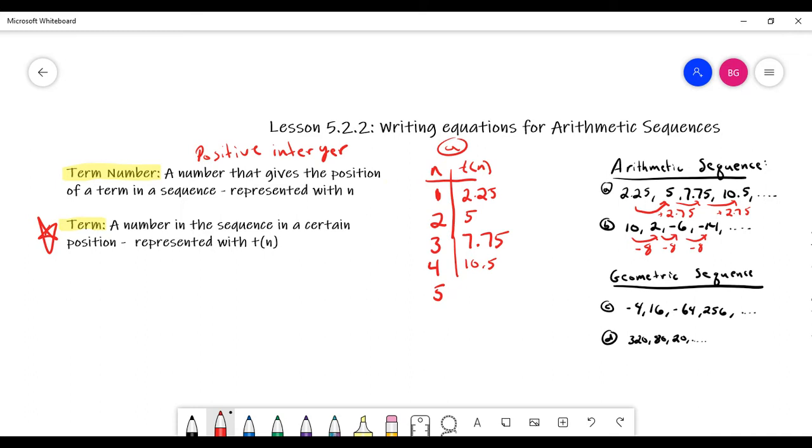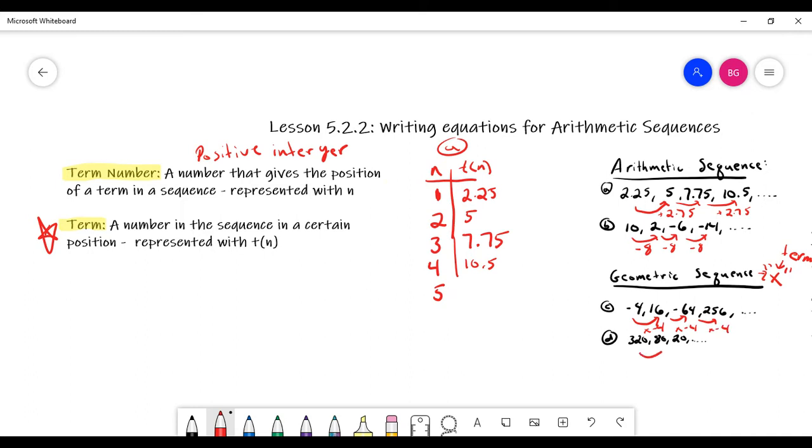So now, we've got to refresh also for geometric sequence. Remember, geometric sequence is where we are multiplying each term by something. So for this one, it would be times by a negative 4, times by a negative 4, times by a negative 4.